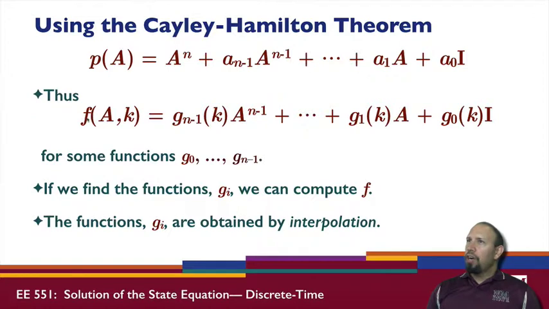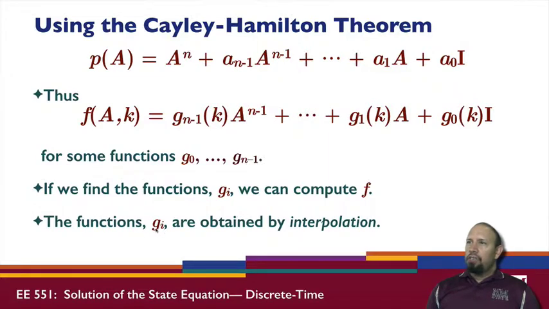So we know that the function of A, which may be a function of k, basically A itself is not a function of k, and the exponents of A are not functions of k, and so the coefficients of the polynomial are functions of k. So we have some functions g0 to g n minus 1. If we can find these functions, then we have f.